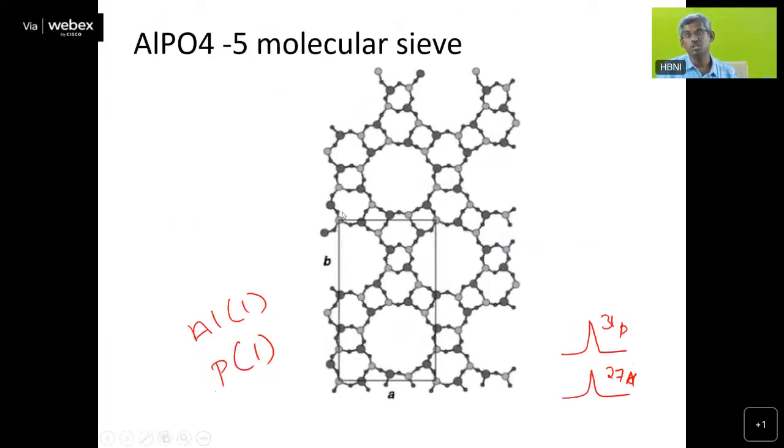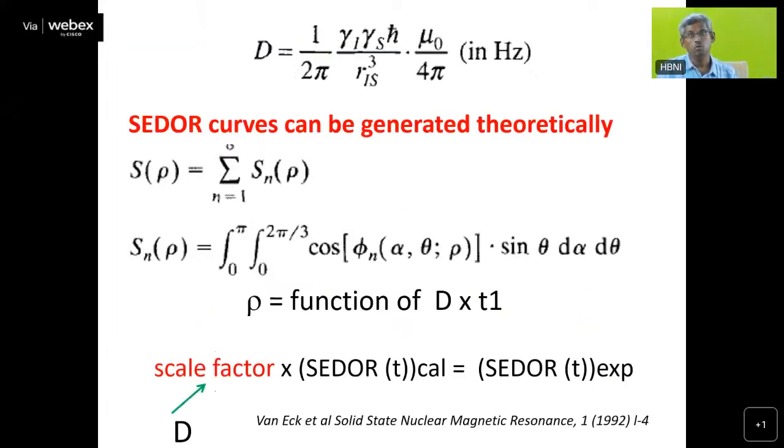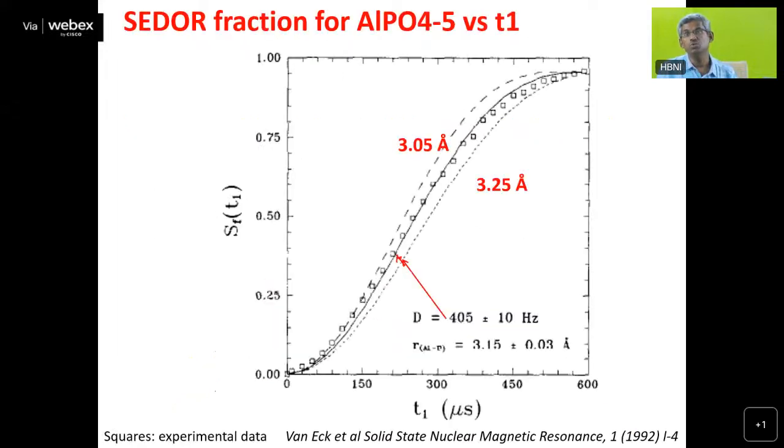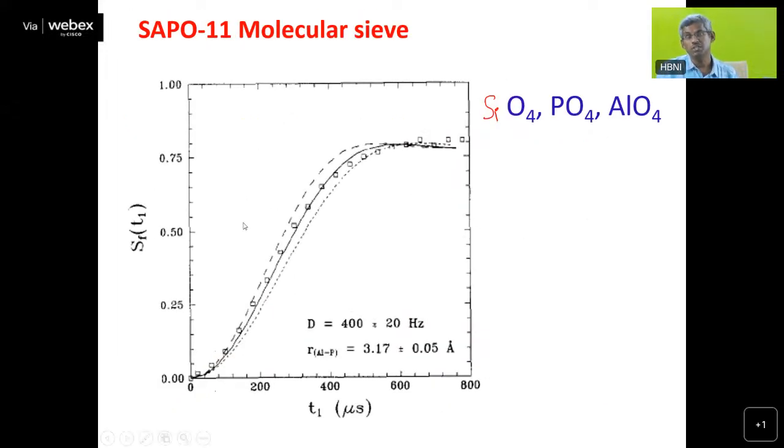We have a porous structure, and this can be used for adsorbing gases, and also we can do a SEDOR experiment to find out the average distance. So here also you see aluminium phosphorus distances are coming around 3.17 angstrom. The value is coming around 400 plus or minus 20 hertz. Normally the dipole coupling constants are expressed in terms of hertz, frequency. So from that you can calculate the Al-P distance.